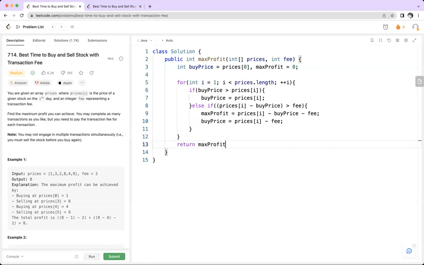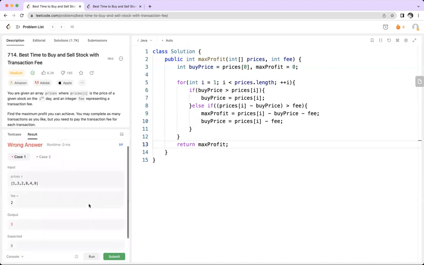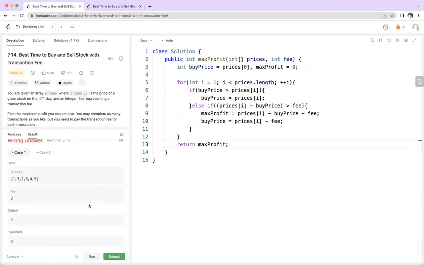So let's run this. Again, some mistakes are there. What is the mistake? Buy price is greater than prices of i minus fee.